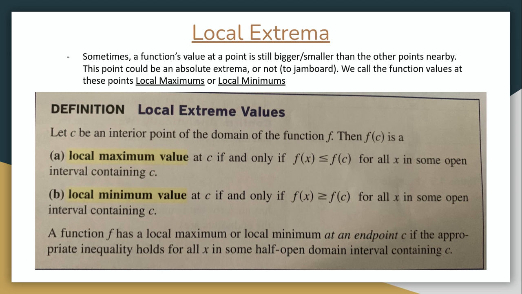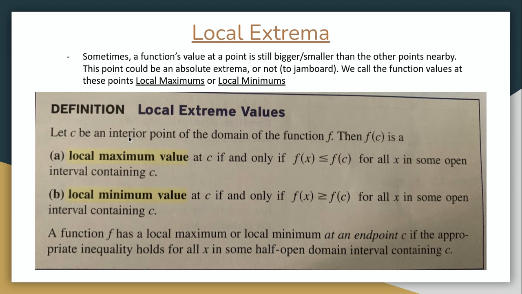We call these function values local maximums or local minimums because they're greater or less than the function values nearby. They could be an absolute extrema, but most of the time they're not. So if you see a local maximum, that doesn't automatically tell you that you have an absolute maximum.